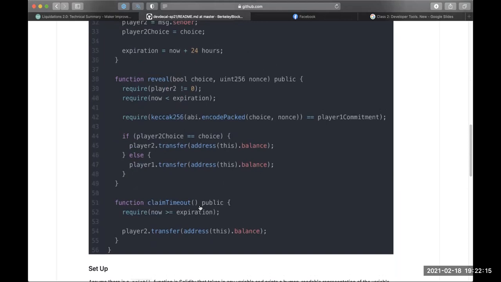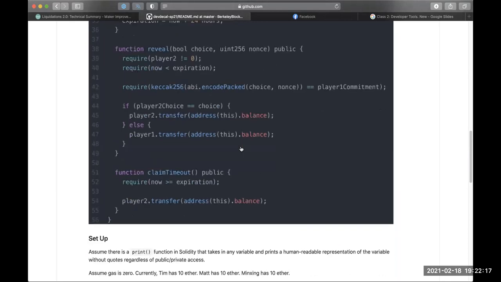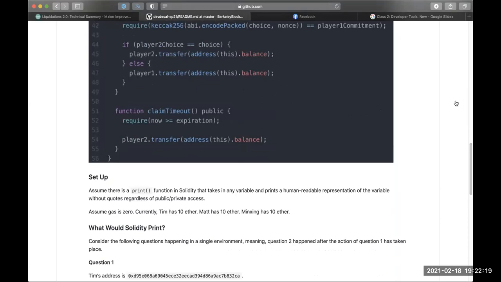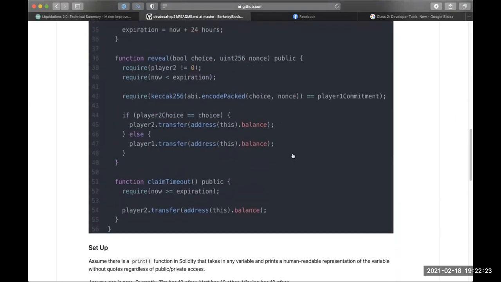And that should be it. So logically, if player 2 choice is equal to choice, that means player 2 should win. Then player 2 will receive money, right?